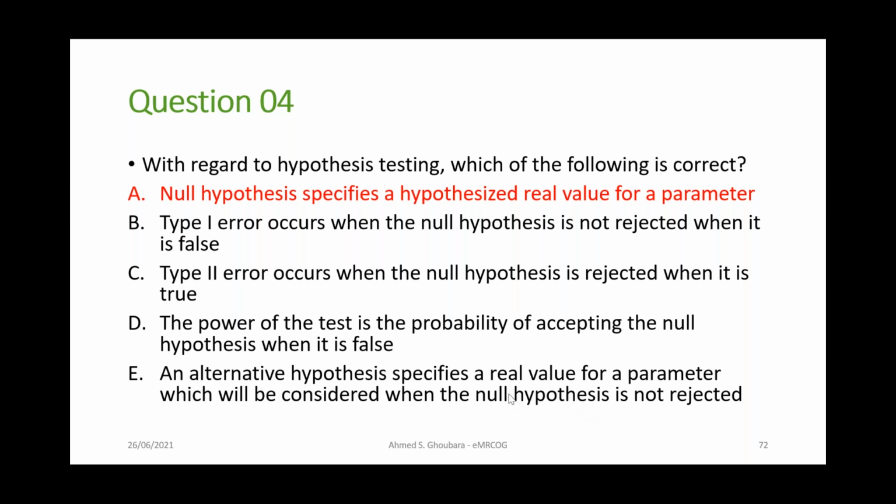The first part of the sentence is correct, up until 'which will be considered'. But the second half of that sentence is incorrect. It should read: it should be considered when the null hypothesis is rejected.